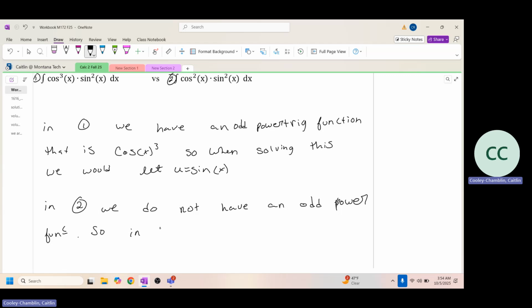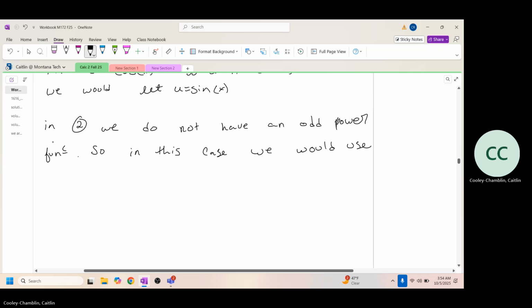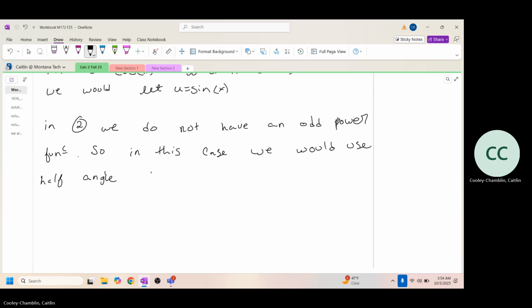So in this case, we would use the half angle identities on both sine and cosine, then multiply out and integrate.